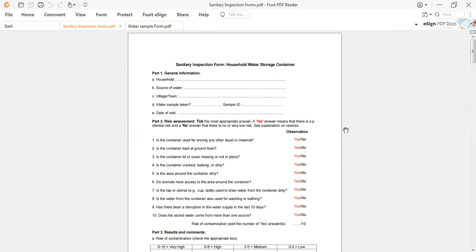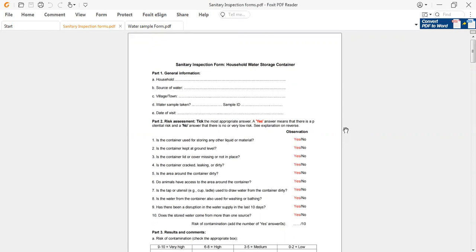For instance, question 1 says, is the container used for storing any other liquid or material? For instance, it can be a container that was used previously. Maybe they bought groundnut oil in the container and later washed it and used it as the water collecting container. If other liquids used to be stored inside, your answer would definitely be yes.